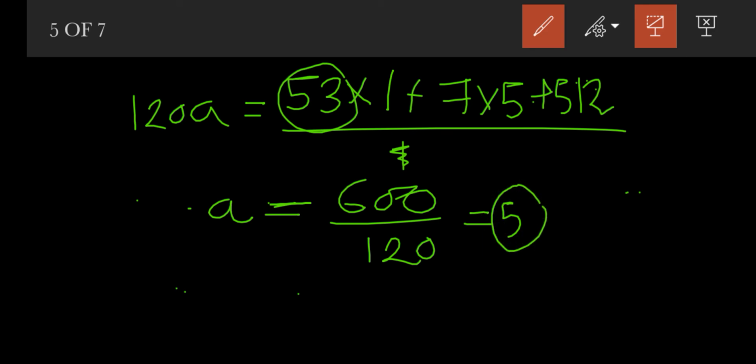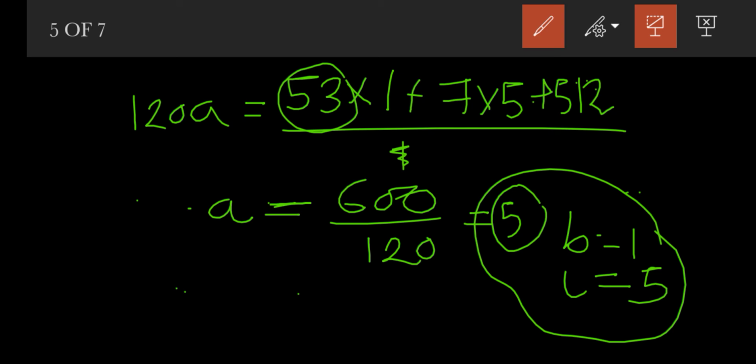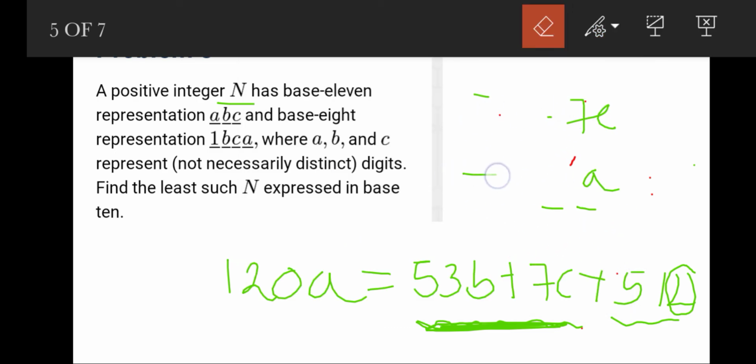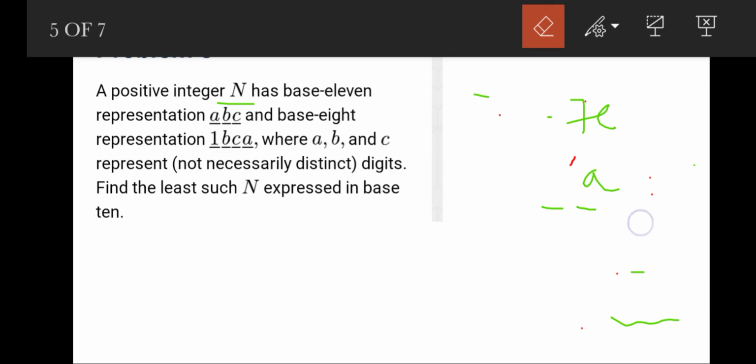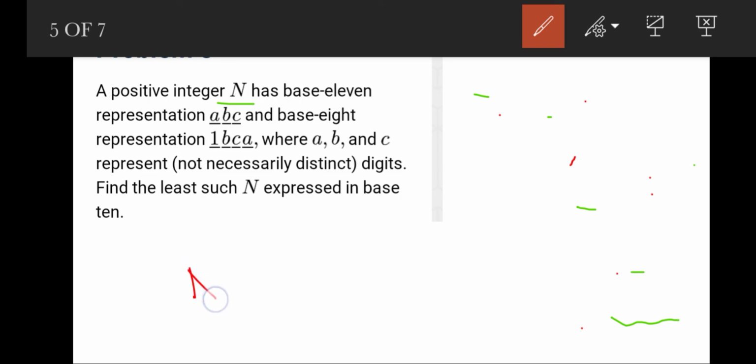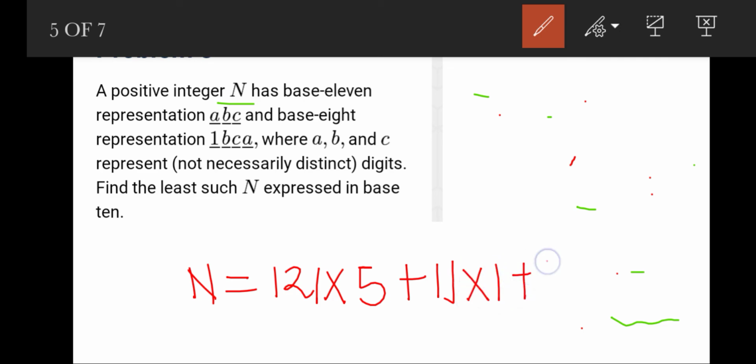Since we have a equal to 5, b equal to 1, and c equal to 5, I get the value of n equal to 121 times 5 plus 11 times 1 plus 5.